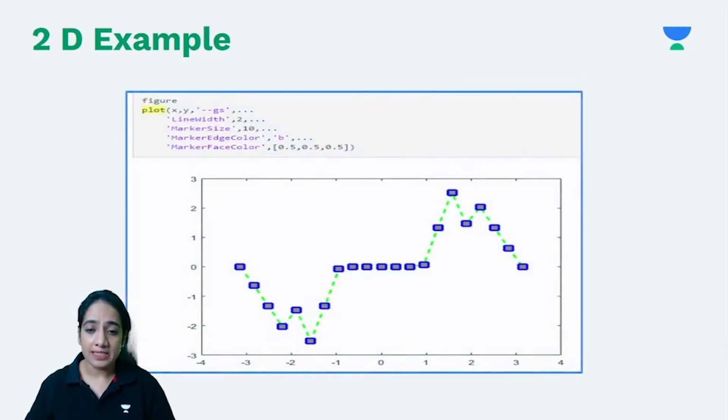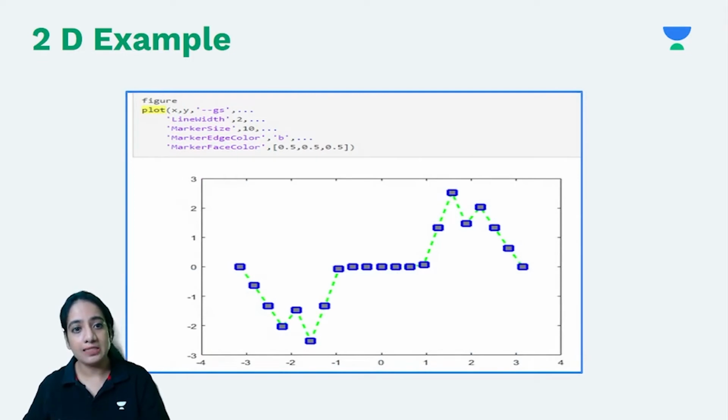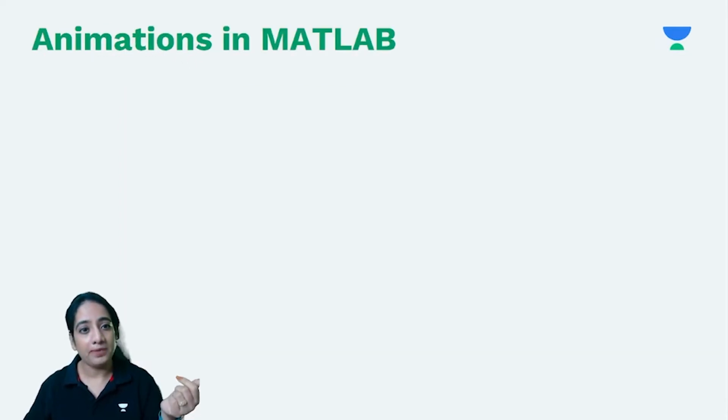In 2D graphics, we have two axes. Here we are using the plot function in this example. We are plotting with markers, line colors, and line styles; many properties we can change, and detailing our data is very efficient in MATLAB.